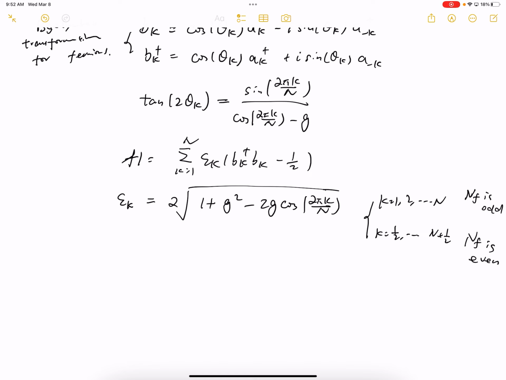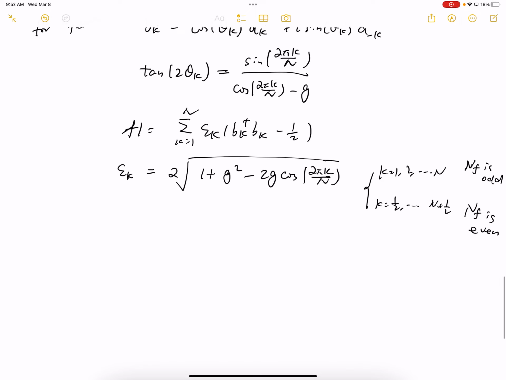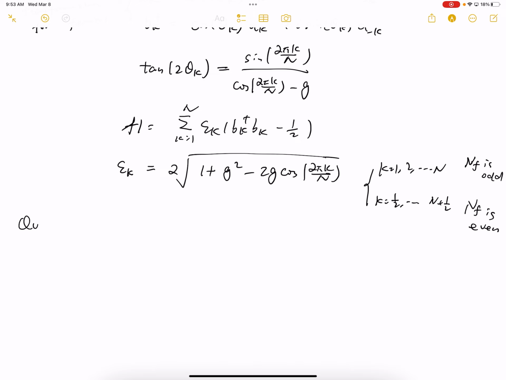Now with this analytical solution, we can find the ground state energy and also even the excited state energy. We can even find the ground state analytically. So now we're going to talk about the physics once we have the solution. Here we can talk about what the quantum phase transition actually means with this analytical solution of the eigenenergies.